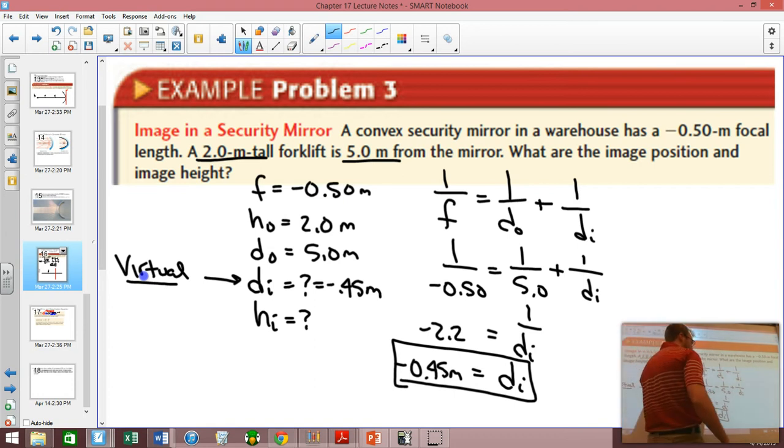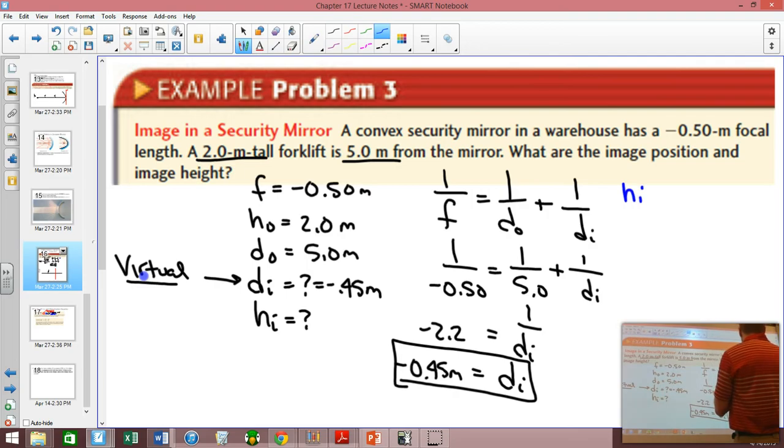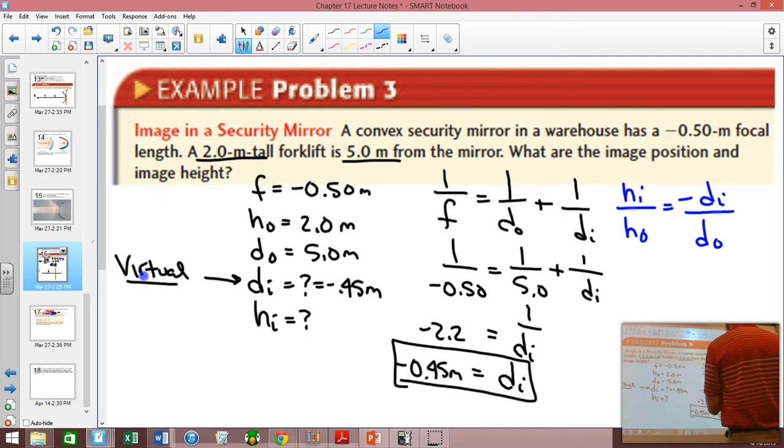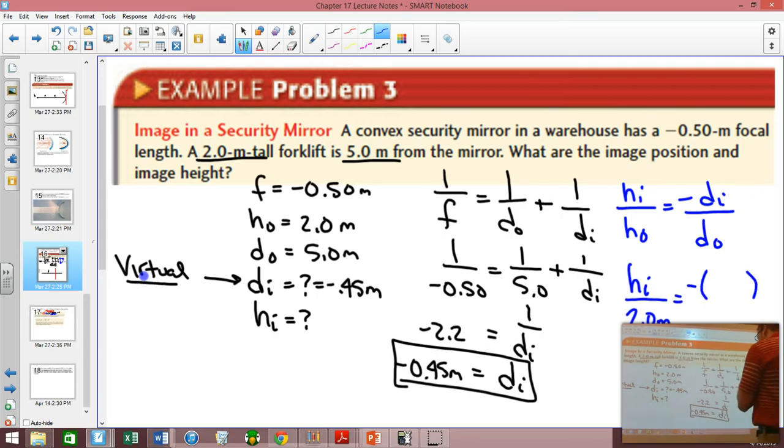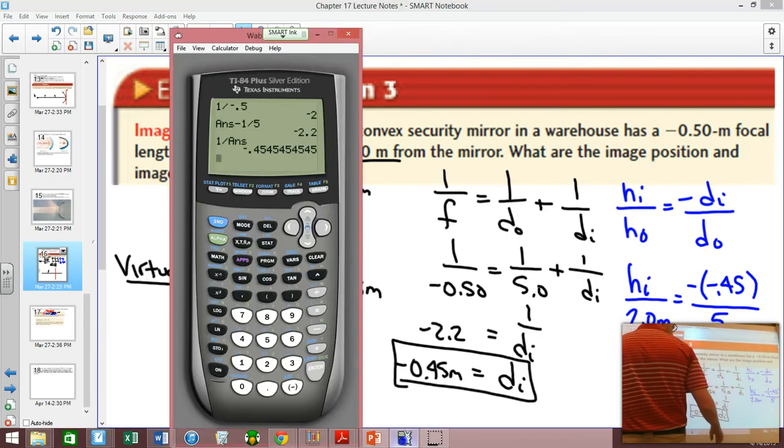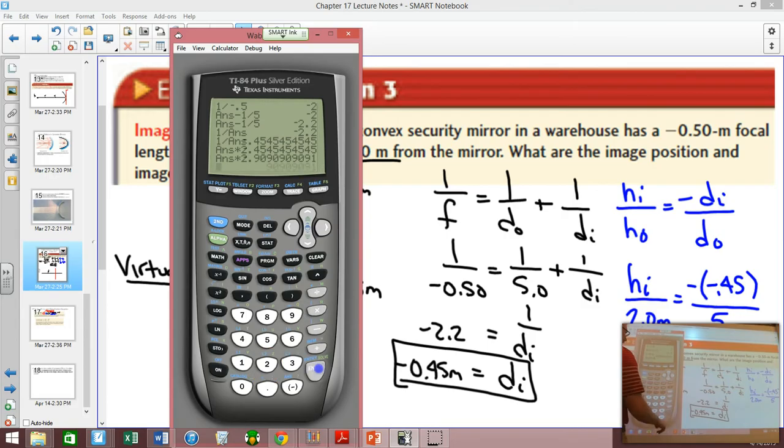To find the height, you're going to use that other equation: hi over ho equals negative di over do. We'll plug in everything we need. We don't know the height of our image. The height of our object is 2 meters. The distance to our image is negative 0.45, so the negatives cancel out, and the distance to my object is 5. This is just a cross multiplication. I take 0.4545 repeating times 2, then divide by 5, and I end up with negative 0.18.